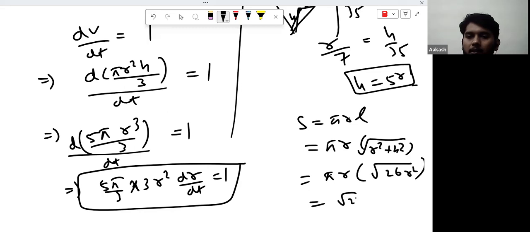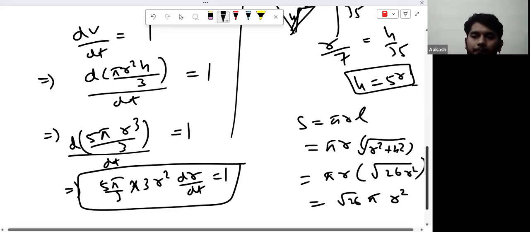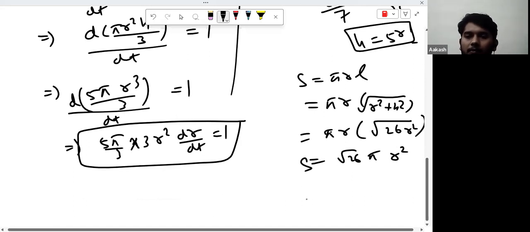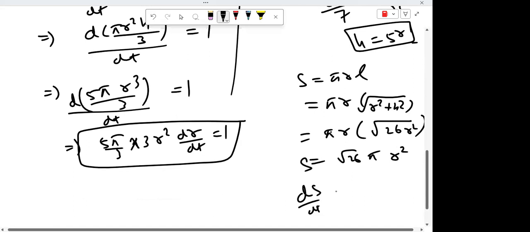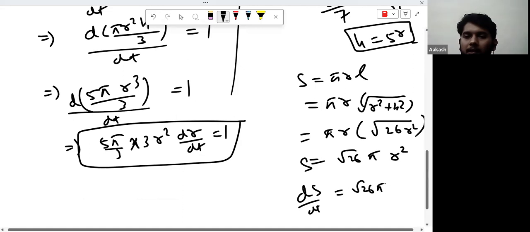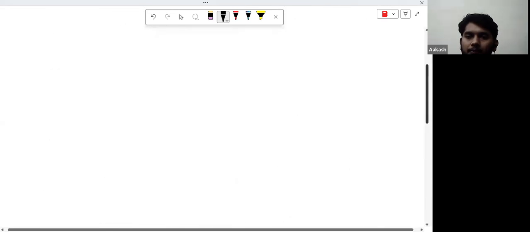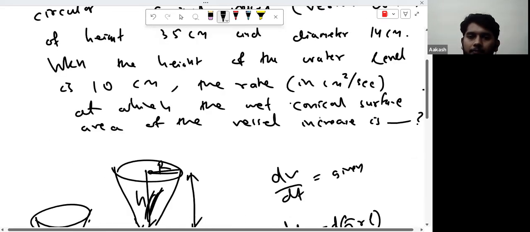So this is root 26 pi r square. They are asking differentiation of this. So this will be root 26 pi 2r dr by dt, and the value of r is given, I think, 10 centimeter.